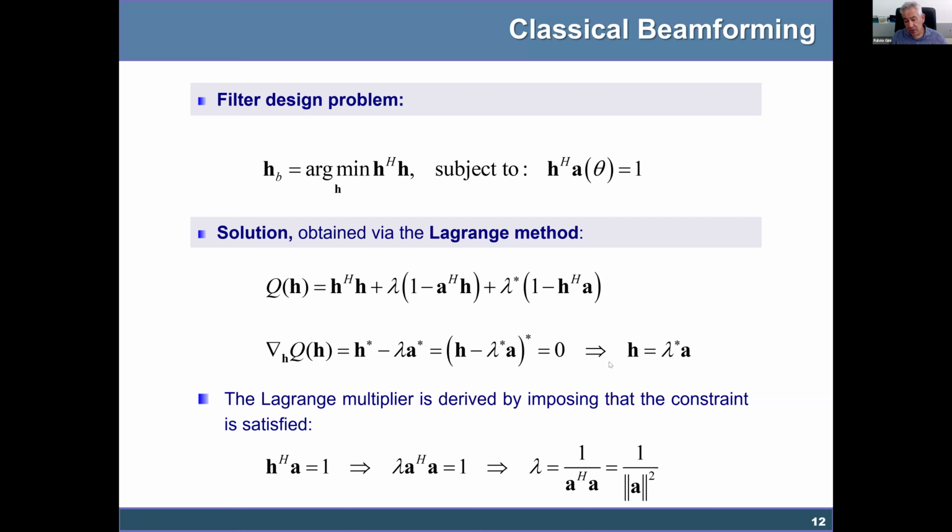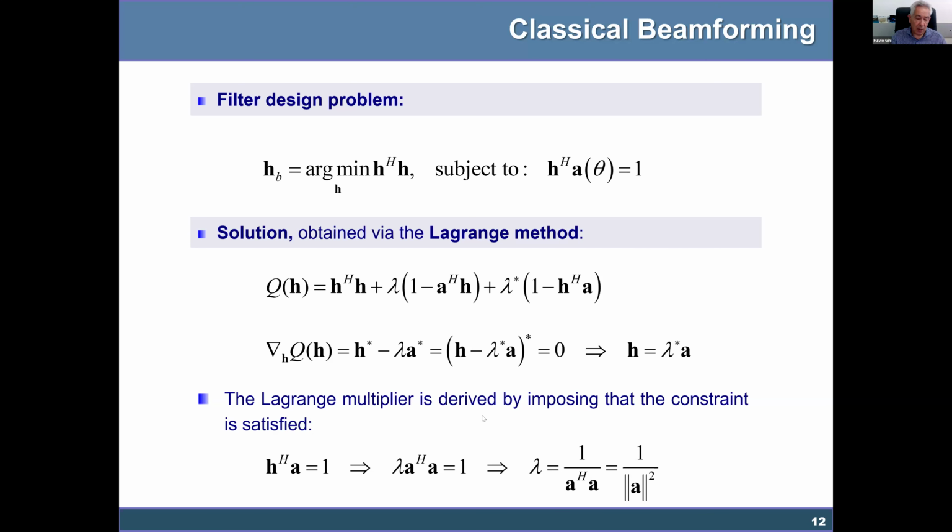And the solution is H equal to lambda conjugate times A. So the optimal filter is a matched filter because it's proportional to the incoming signal vector, which is A multiplied by s of n.